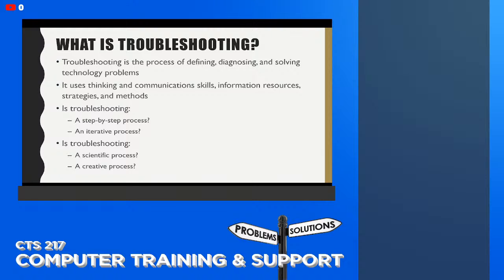But being able to do this sort of information searching and find people in the world that have had these problems so that you can use their experience to enhance yours is critical in this line of work, right? In information technology, in computer support. So being able to utilize these information resources to your best ability.